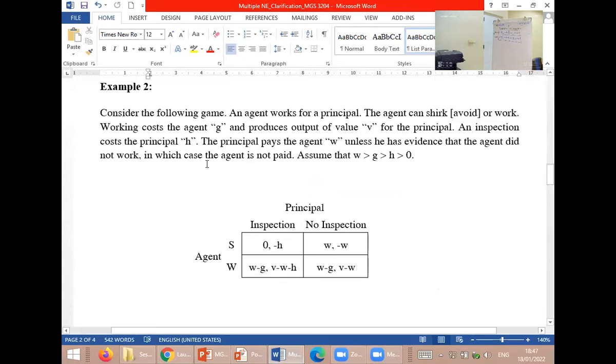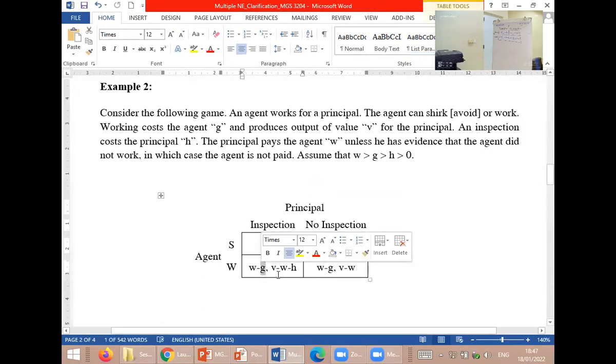So it says, consider the following game. An agent works for a principal, right? The agent can shirk, which means avoid, or work. Working costs the agent G. Here this G means the cost that the person who is working will incur because of working there.